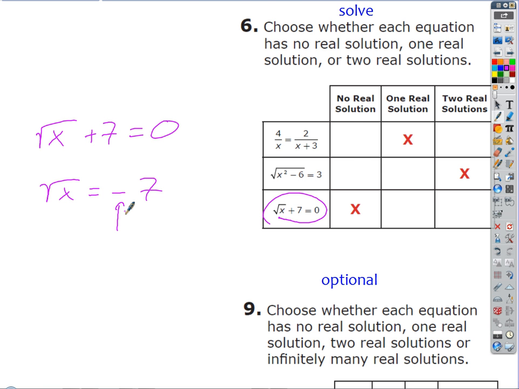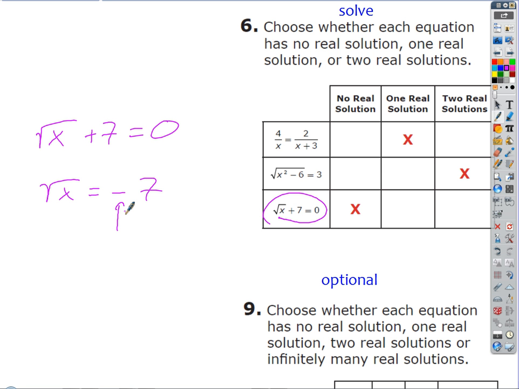What's significant about that? It's negative, yeah. Can the output of a square root be negative? Not for a real number, right? The smallest I could get is the square root of 0, which is 0. But after that, every square root's going to give me back some positive number, isn't it? Right? So we know right away that that can't work. There's going to be no real solutions.